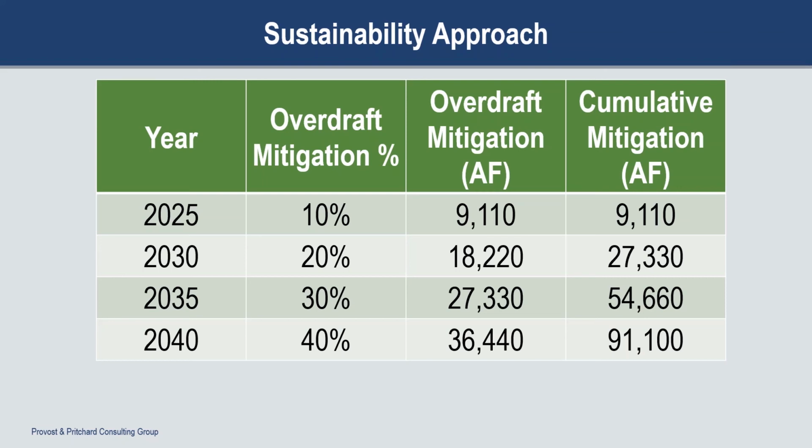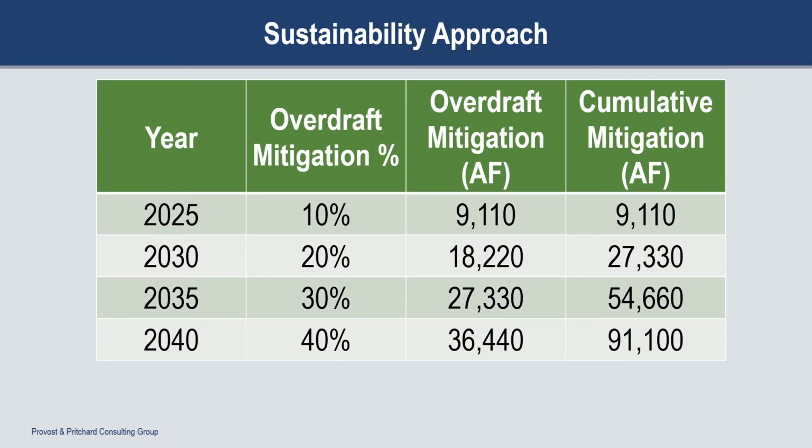In the next 5 years, from 2025 to 2030, we want to reduce it 20% more, or a cumulative amount of 30%. And that would equal 18,220 in that 5 years, or cumulatively by 2030 reduce the overdraft by 27,330 acre feet.